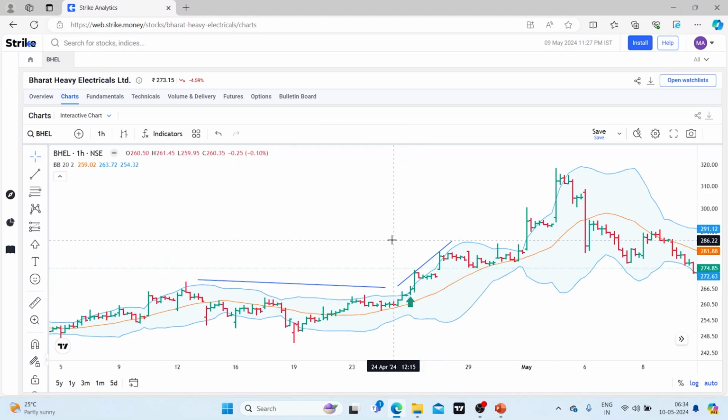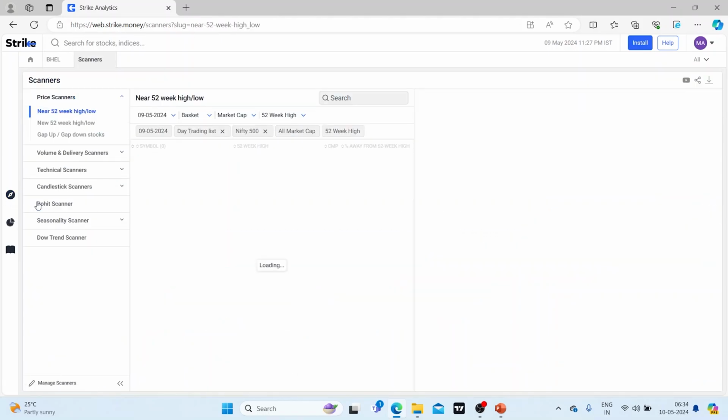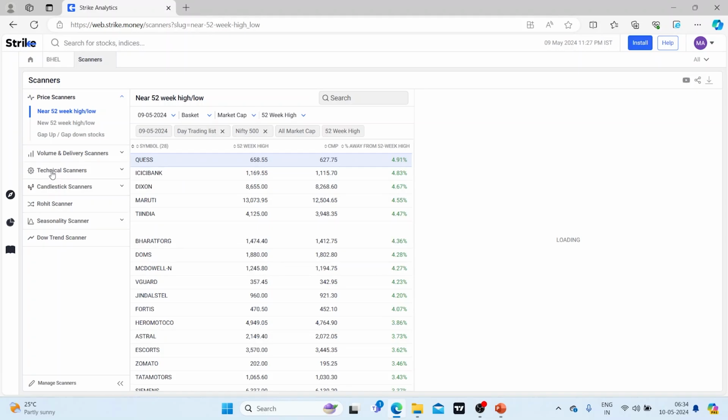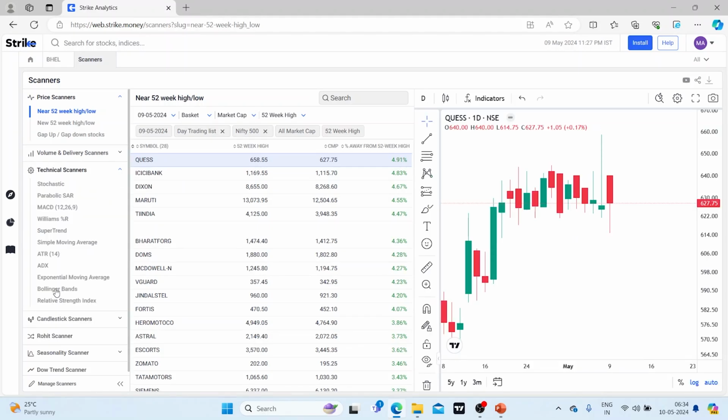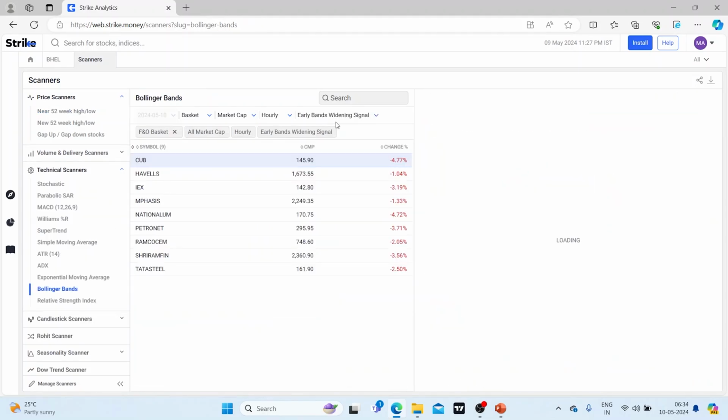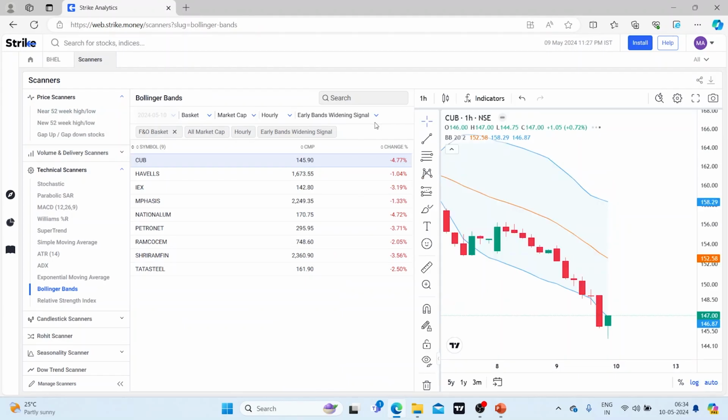Now for that we need a scanner. In the Strike Discover section, we go to scanners. In the technical scanner, under Bollinger Bands, we have the early bands widening signal. There are different baskets, but since we are more concerned with an options trade, we will use the FNO basket as our stock list.